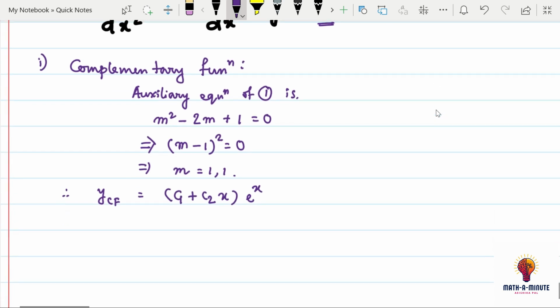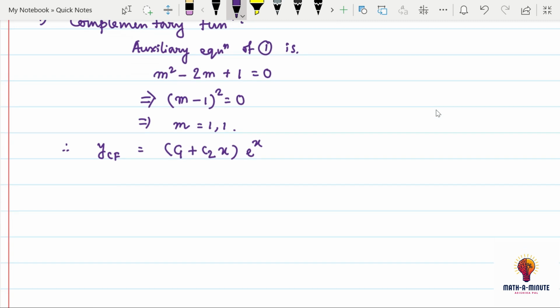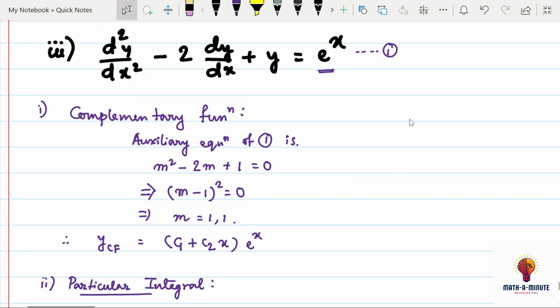Now it's time to calculate the particular integral. If we write the given differential equation in the form of the D operator, it will be (D squared minus 2D plus 1) y equals e to the power x.